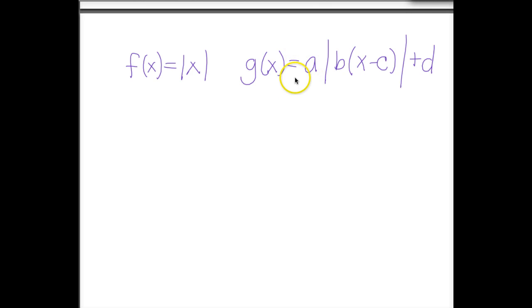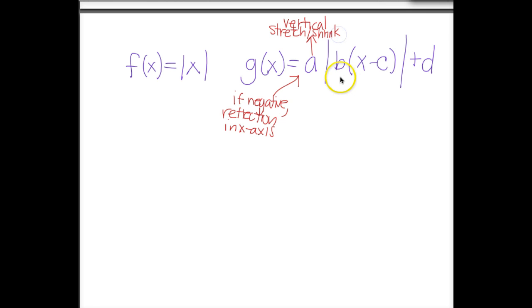Again, if there's a negative, that means we need to reflect this in the x-axis. The rest of A controls the vertical shrink or stretch. B controls horizontal shrink or stretch.